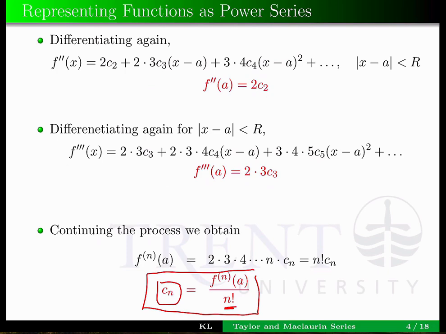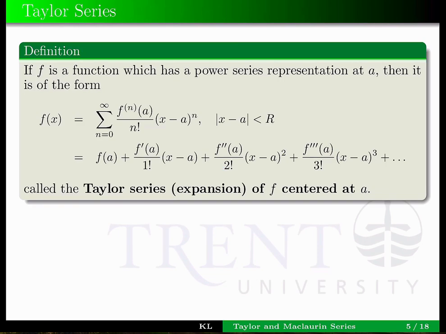So why is this helpful? If you remember, our f of x, if it has a power series representation, then it can be written as the summation of Cn times (x minus a) to the n, from 0 to plus infinity. But now our Cn is equal to the nth derivative of f evaluated at A divided by n factorial.